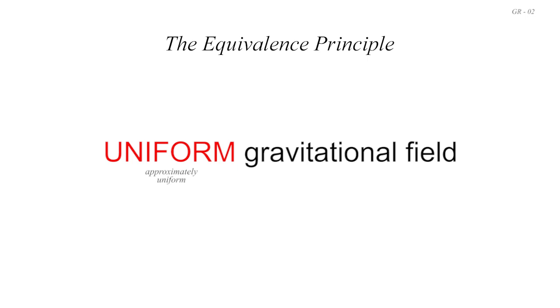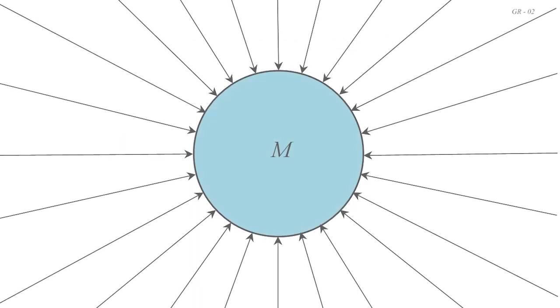However, there is strictly speaking no such thing as an extended uniform gravitational field. If we're talking about real gravitational fields like the one around the Earth, or any large mass for that matter, it has field lines which are directed towards the centre of the mass. They are converging. The field is, strictly speaking, non-uniform everywhere.